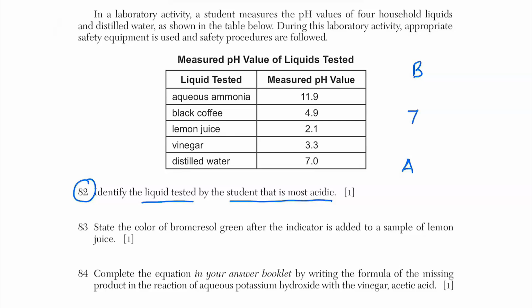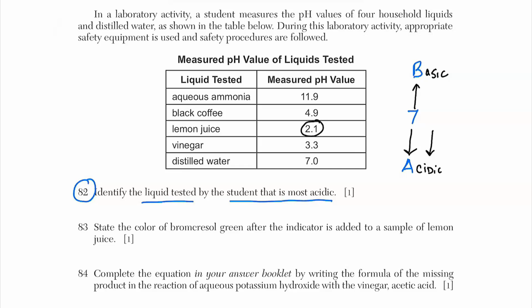Going down from 7, we become more acidic, and going up from 7, we become more basic. So I am looking for, guess what? The lowest number on the pH scale. The liquid with the lowest number is 2.1. So lemon juice. That's the lowest pH.